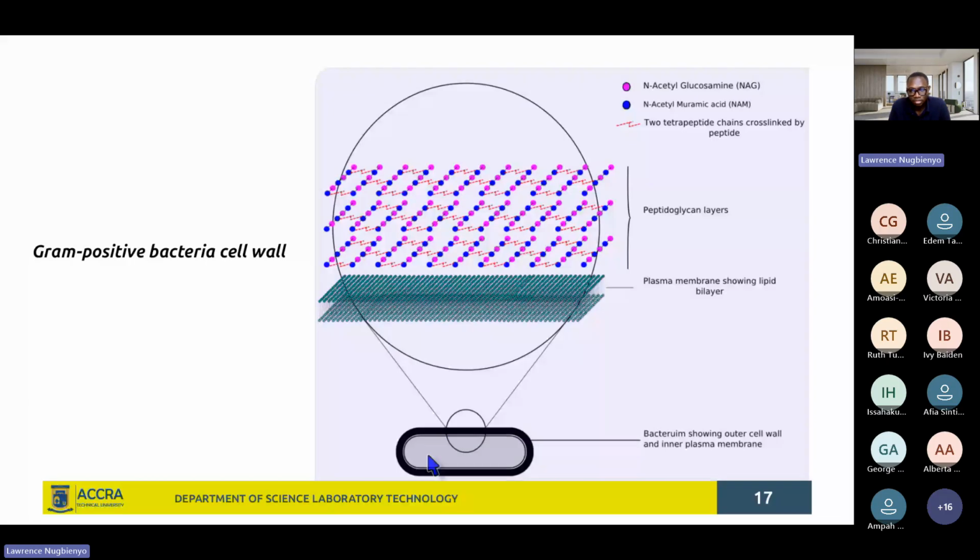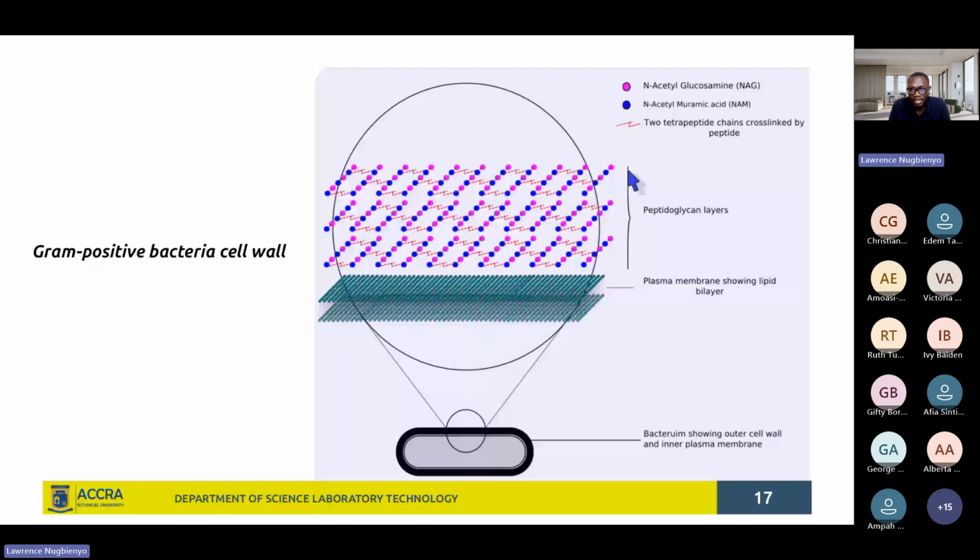And we zoom in on the membrane there, the outer covering of it. And that is made up of some phospholipid bilayer, that is the plasma membrane, which is protected by what we refer to as the peptidoglycan layers.